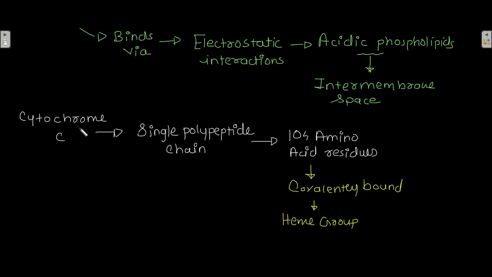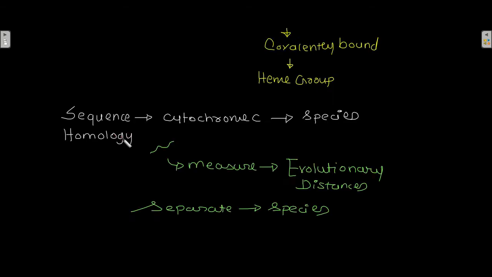Now this cytochrome C contains a single polypeptide chain which is made up of 104 amino acid residues covalently bound with the heme group. Okay, there is a single polypeptide chain in the cytochrome C, and that single polypeptide chain is made up of 104 amino acid residues. Now the sequence homology of cytochrome C within species is a measure of evolutionary distances that separates species.